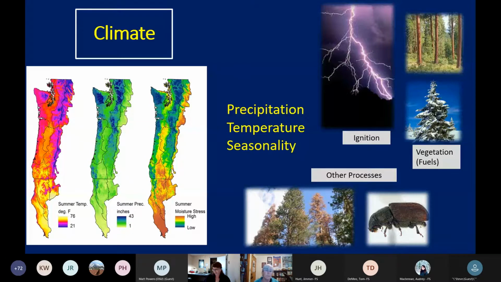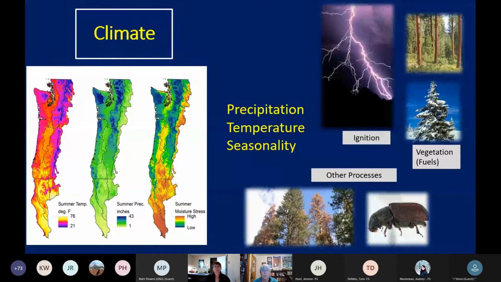So as you can see from the left panel, there is a fair amount of variability in summer climate across our landscapes. And that has a direct relationship to fire because on a variety of fronts, climate, especially fire season climate, really drives one of our key ignition sources, being lightning.